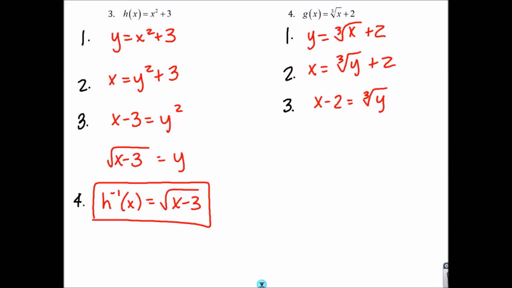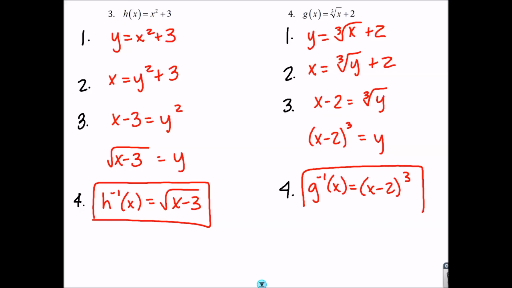Then to get rid of the cube root, I need to cube both sides. Then my last step is to change the notation. So I have inverse of g of x equals x minus 2 cubed. So that's how you find the inverse of a function.